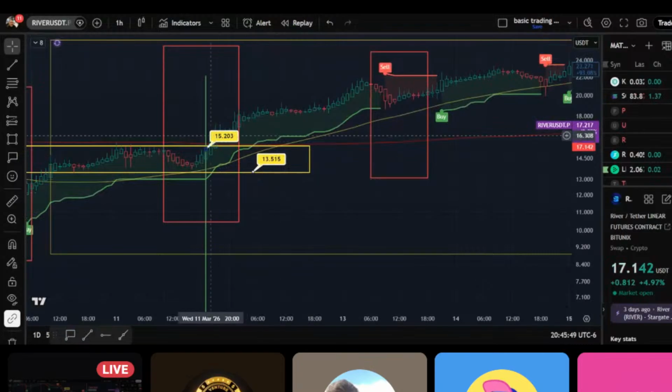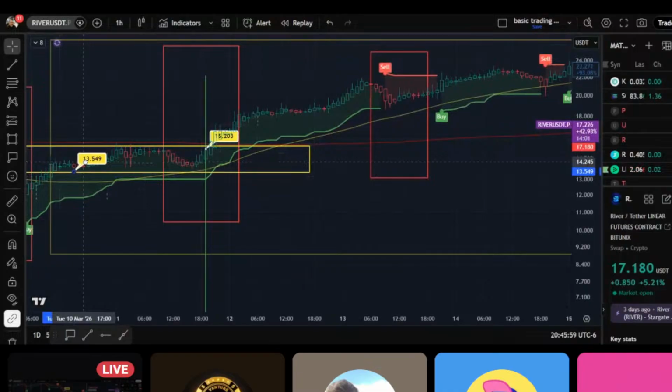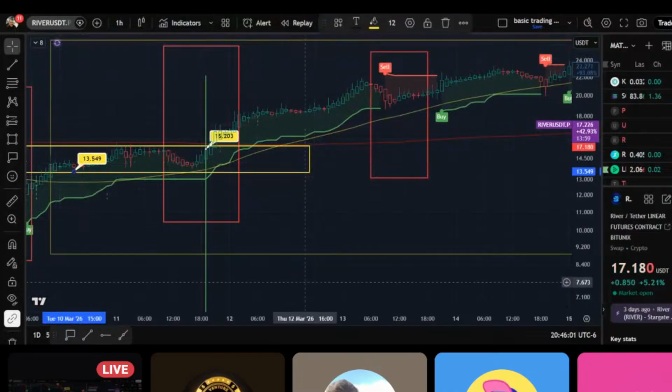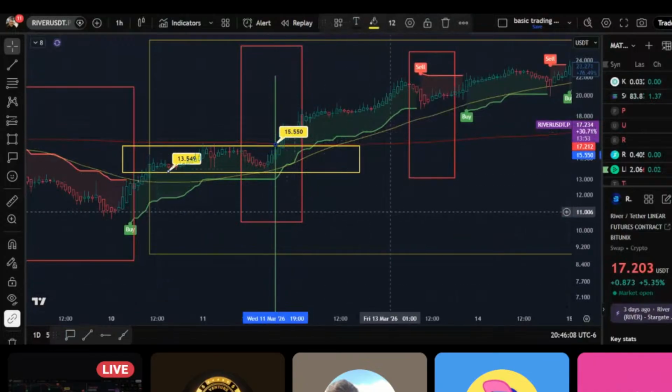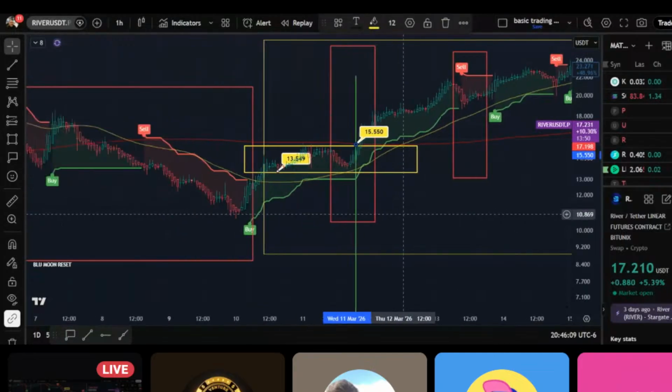Now we don't get this entry here unless we clean this up a little bit, but that's how that would play out. It's because we're basically protecting this pullback here, because we're taking the greedy entry versus the called out entry.